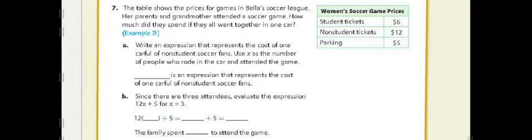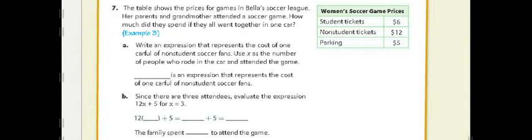Blank is an expression that represents the cost of one car full of non-student soccer fans. And for letter B, since there are 3 attendees, evaluate the expression 12x plus 5 for x equal 3. So you fill in the blanks and tell me how much the family spent to attend the games. So go ahead and work on that.